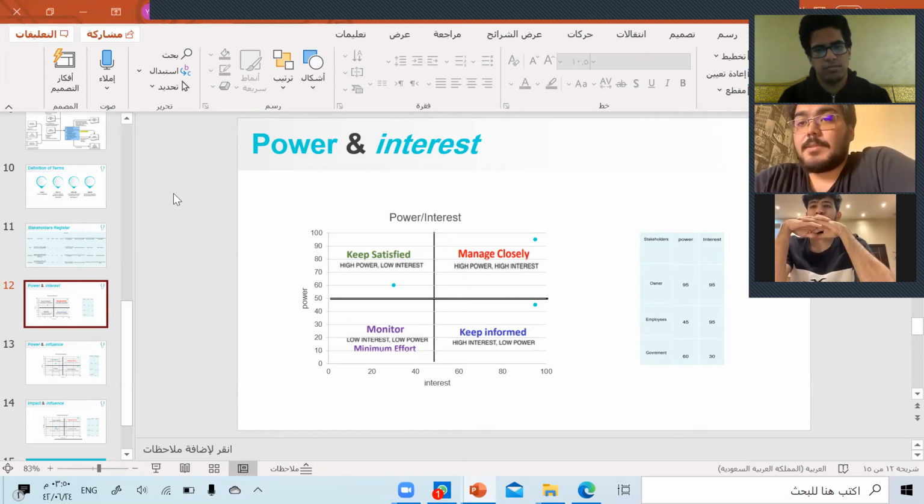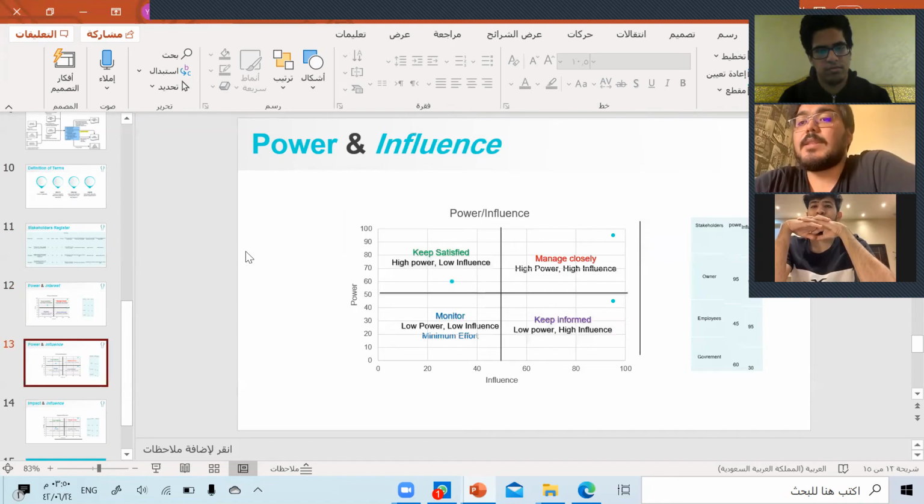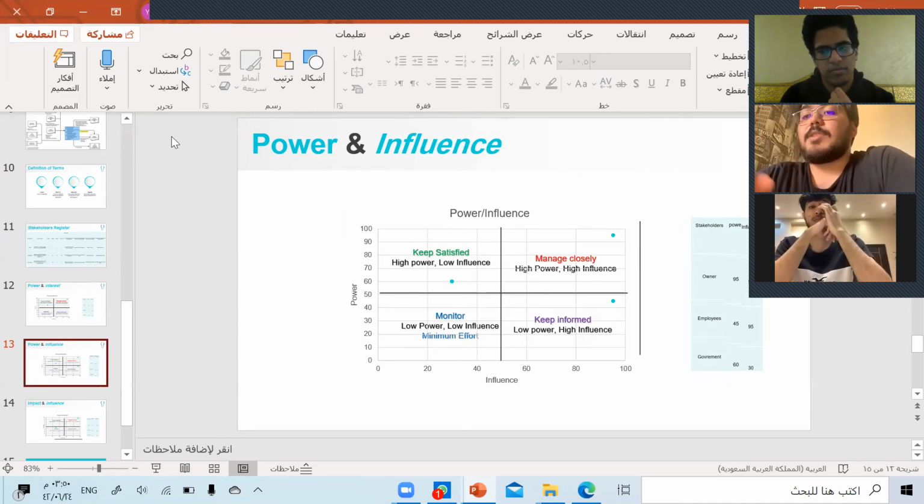Next, please. Let's see the next relation we have, which is the power and the influence. Here, for the owner, we have 95% for the power, and 95 also for the influence. So he will also be in the first quarter, which is manage closely.